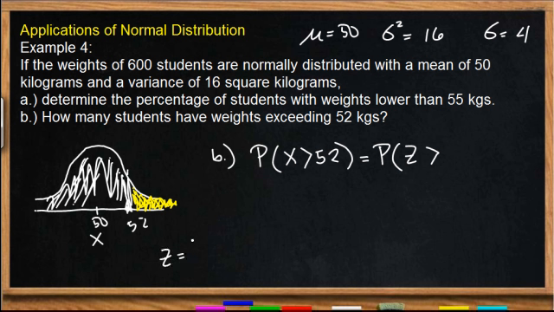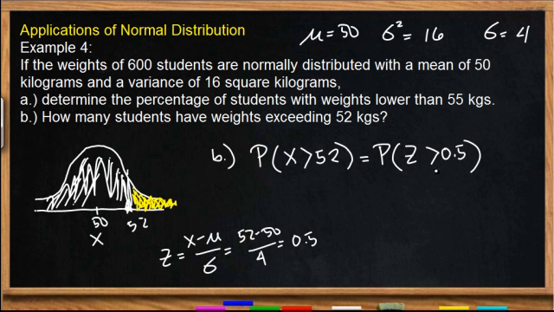Z is equal to x minus mu over sigma. It's 52 minus 50 over 4. That's 2 divided by 4, which is 0.5. So z is equal to 0.5.